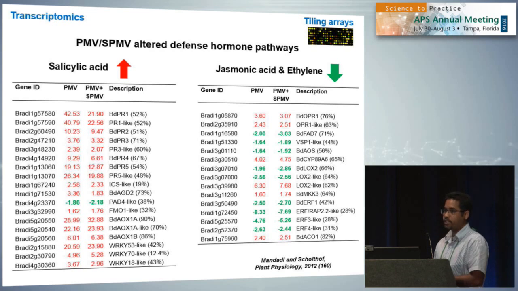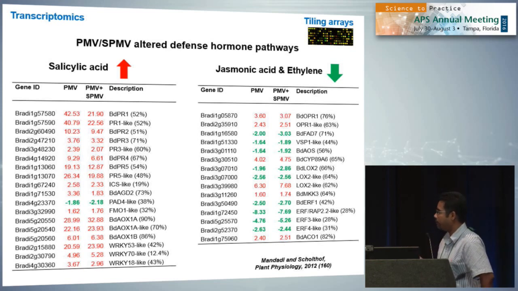What we found was that the salicylic acid signaling pathway was strikingly upregulated, with a huge number of genes, orthologous genes mostly pulled out from Arabidopsis orthologs, or even the nearest ones we studied in rice. Basically, most of the salicylic acid signaling pathway seems to be upregulated. And as there is a commonly known antagonism between salicylic acid and jasmonic acid, we saw quite a few jasmonic acid and ethylene signaling genes downregulated.